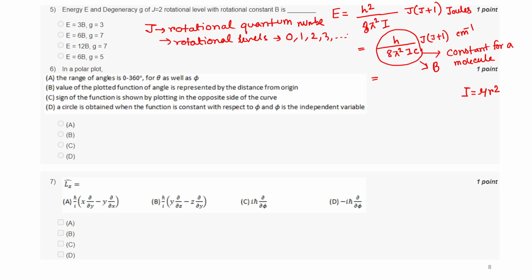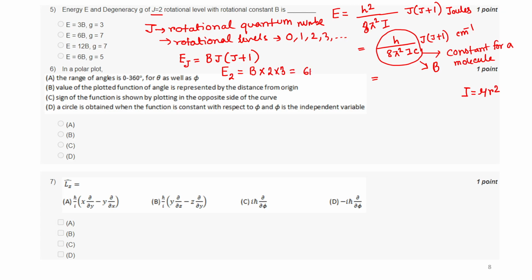Okay. And then what would be the energies of each state? The energy we have already defined, that energy E_J is B into J into J plus 1. So if we think about J equals 2, then the energy will be B into 2 into 3.